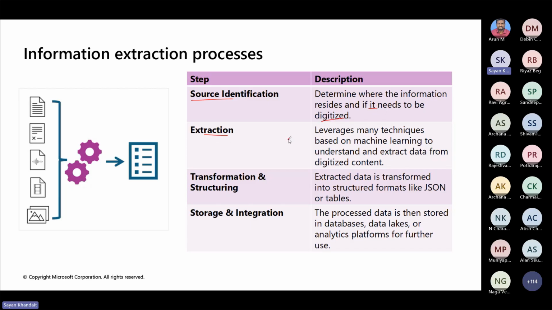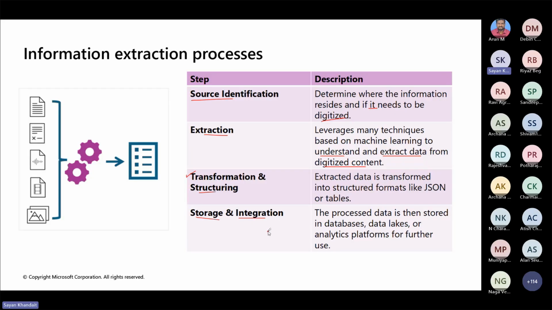The second process involves extraction of the information based on machine learning in order to understand and extract data from that digitized content. The third step involves transformation of the data that was extracted in the previous step into structured formats like maybe a JSON file or a tabular format. And the fourth step is storage and integration.